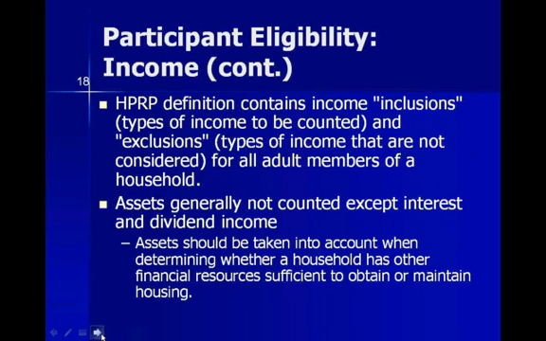So for example, something like assets. Assets would generally not be counted except interest and dividend income. And in a couple of slides, I'll talk a little bit more about assets.